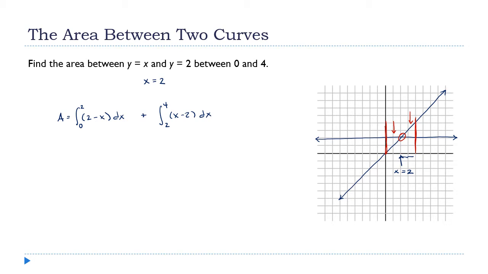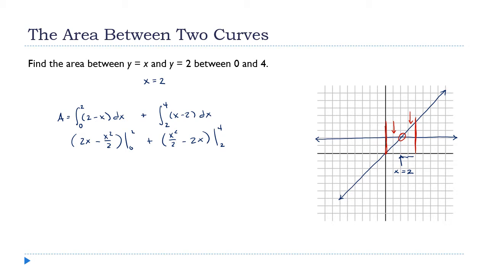Now that we've got the integral straightened out, it's just the same thing we've been doing all along. I need some antiderivatives, so I'm going to do 2x minus x squared over 2 from 0 to 2, plus x squared over 2 minus 2x from 2 to 4. All right, now let's put our numbers in.